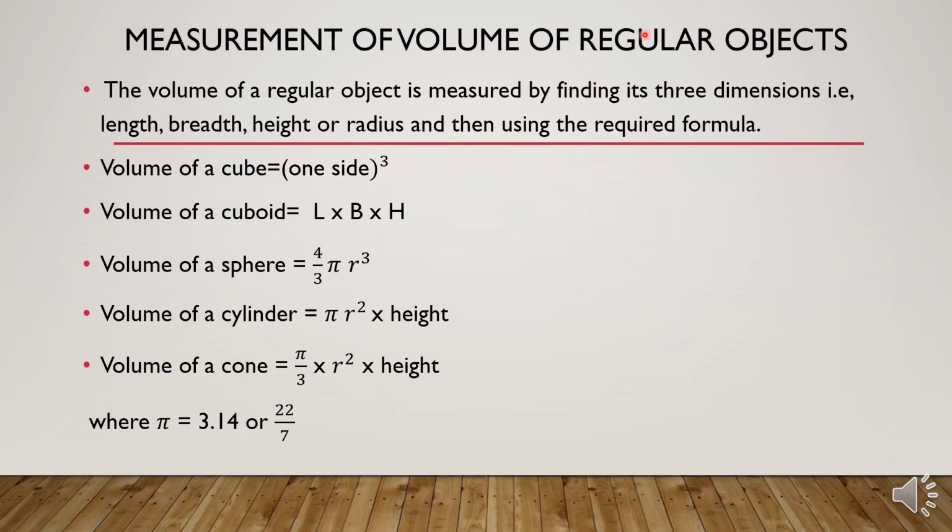These are regular objects. Regular objects means their shape is totally defined, whether it's a cube or cuboid, sphere, cylinder, cone. So we know their formula, and by substituting the values after measuring, we can find out their volume very easily.